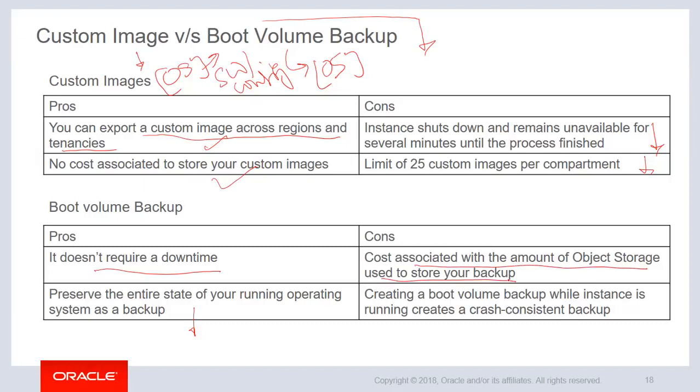The other problem you might run into is that when you take a backup while the instance is running, it creates a crash consistent backup, and sometimes you might run into issues with that. So just keep that in mind as you are using boot volume backups versus custom images.